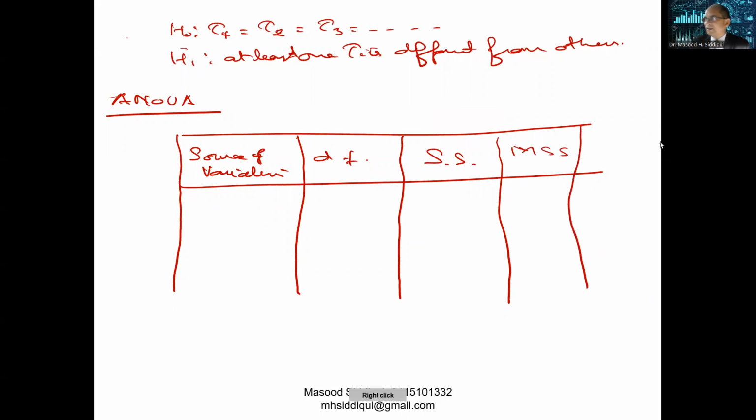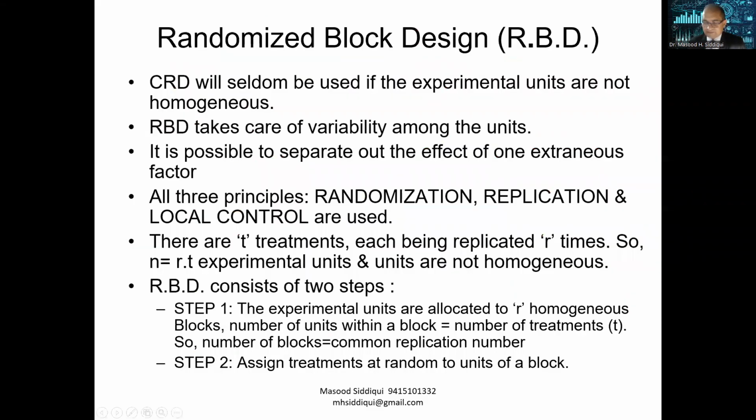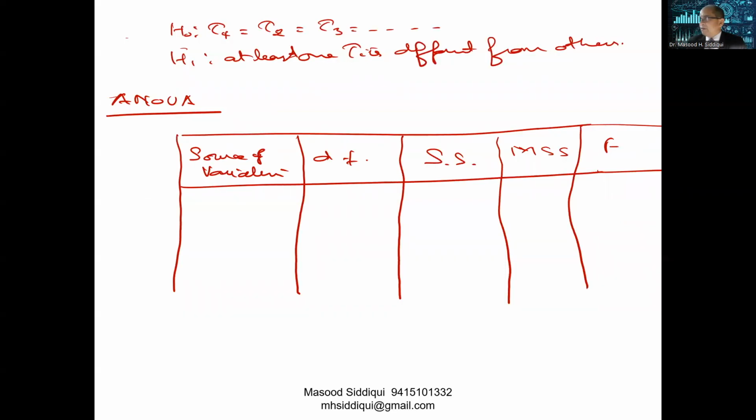And in the end, we have the F ratio, or the variance ratio. Sources of variation: the first one is the treatment.